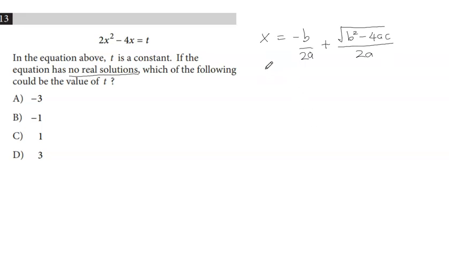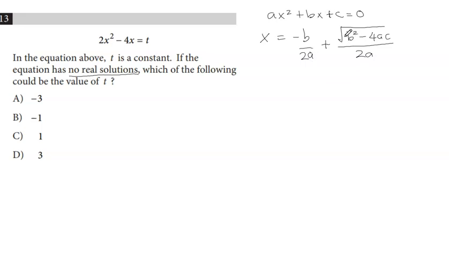Now this is from the general quadratic equation, which is ax squared plus bx plus c is equal to 0, right? Where a, b, and c are constants, right? A is a coefficient of x squared, b is a coefficient of x, all right?